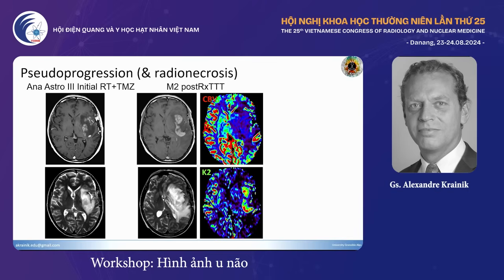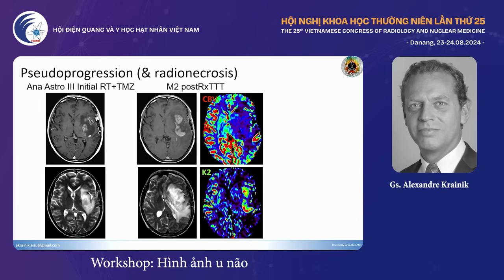Then we perform perfusion, and surprise, there's no increase in CBV. Then there's no increase in the density of brain vessels in the tumor. However, it's almost only leakage. The K2 value indicates that the contrast media flows out of the vessel into the extracellular space.